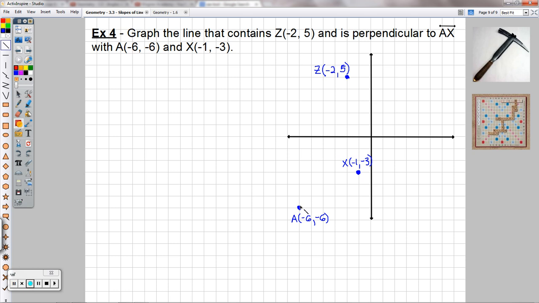So it looks like I'm going up 3, right 5. So that pattern would continue, up 3, right 5. And I've got to go up 3, right 5 again. So I'd have another point right there. And if I connect through those, that should be a good line. We're good to go there.